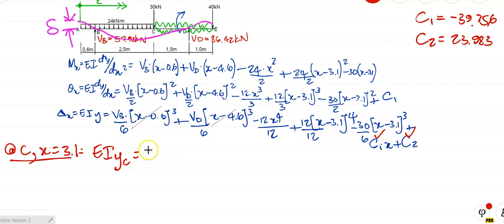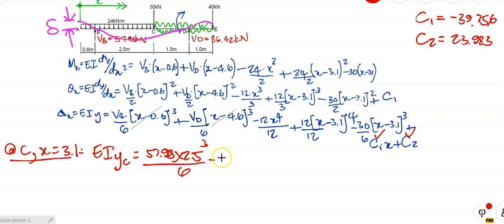So it will be VB. What is VB? VB is 57.98 times 3.1 minus 0.6 is 2.5. 2.5 to the power 3 over 6 plus that's going to be 3.1 minus, so that's going to be negative, so that's set to 0.